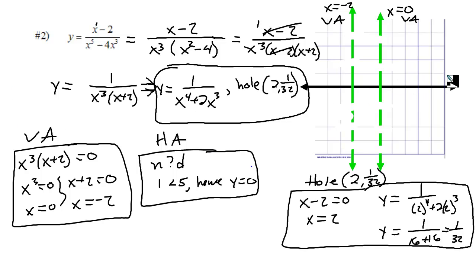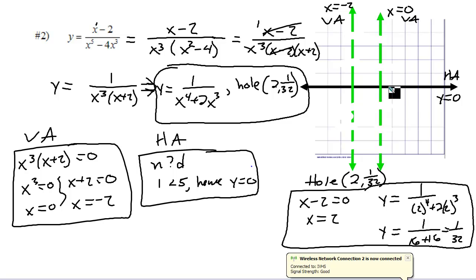I'm just going to label this x-axis and say horizontal asymptote y equals 0. I know there's a hole at 2, 1/32, which is about there. And that's all I know. I have no idea what this looks like. I have some theories, but I'm going to use a calculator to find out because it does not resemble a parent.